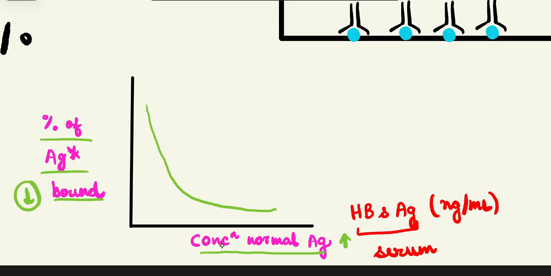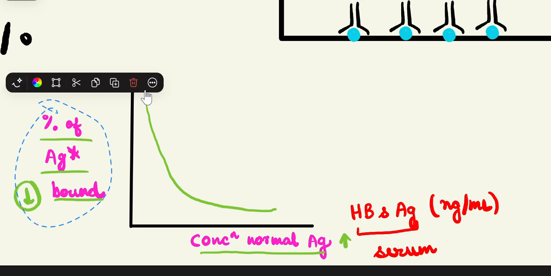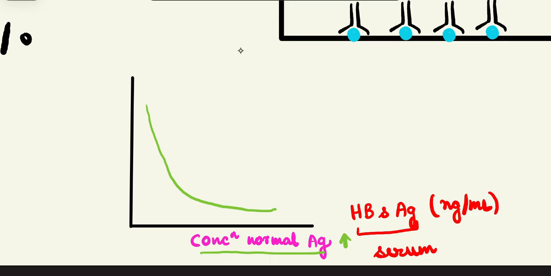So they have plotted the graph of this hepatitis B surface antigen against the hepatitis B surface antigen which is radiolabeled. So here we have the percentage bound of hepatitis B surface antigen which is radiolabeled. Again a similar kind of graph will be obtained. So this is the core principle and the working of RIA.